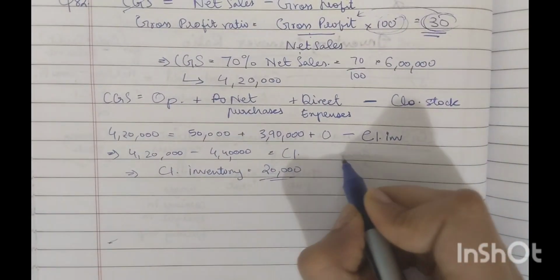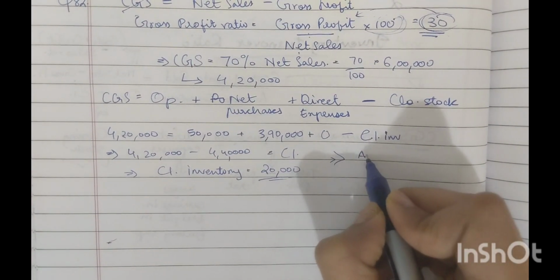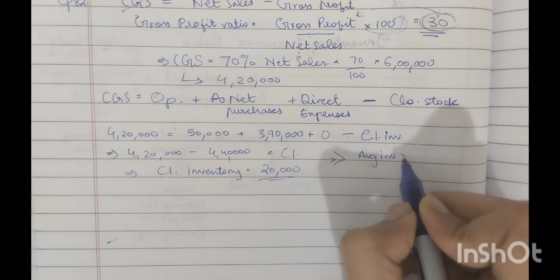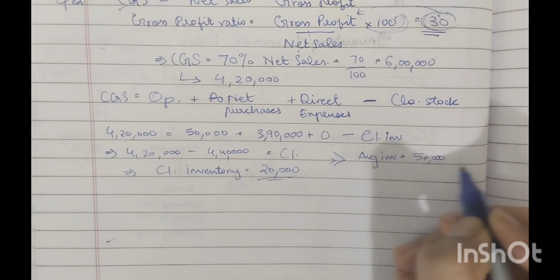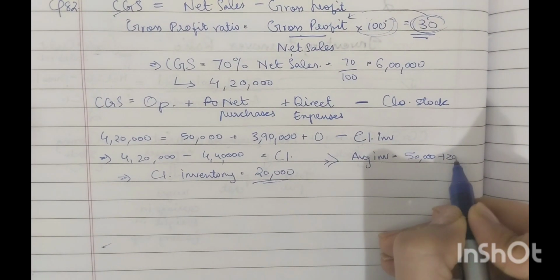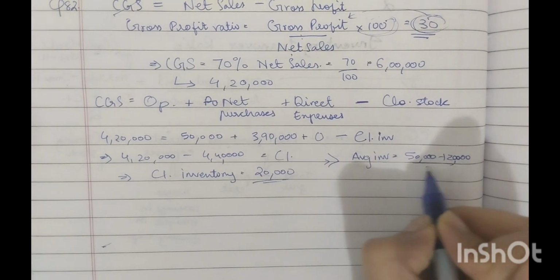Now this implies average inventory is equal to 50,000 plus 20,000 by 2.